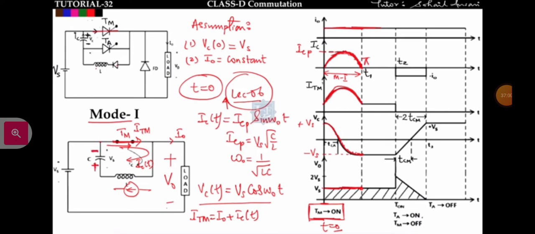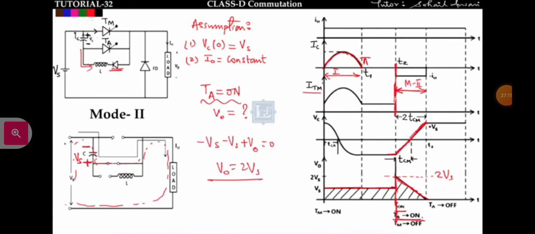Okay, after that in mode 2, I am triggering the auxiliary thyristor. When the auxiliary thyristor is triggered, the voltage drop across the main thyristor will be negative because of this capacitor, which means the main thyristor will go into the reverse blocking mode and turn off.